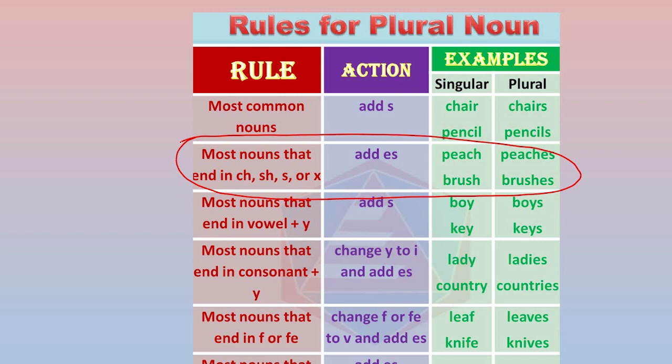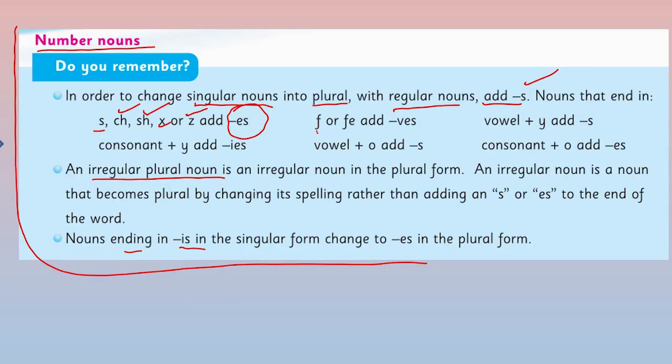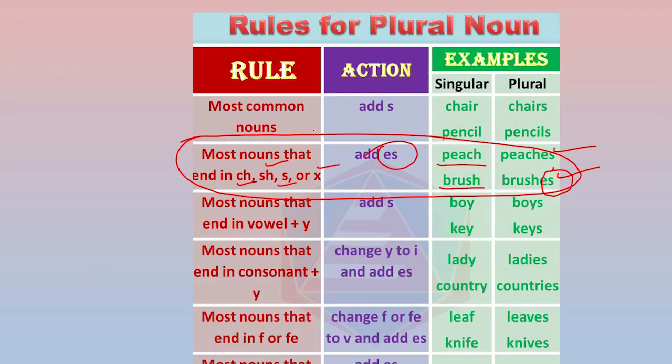Most nouns that end in ch, sh, s or x, we add es at the end to make it plural. For example, peach, peaches, brush, brushes. Look at the es here. Now f or fe, we add ves to make it plural. Look at the example here.